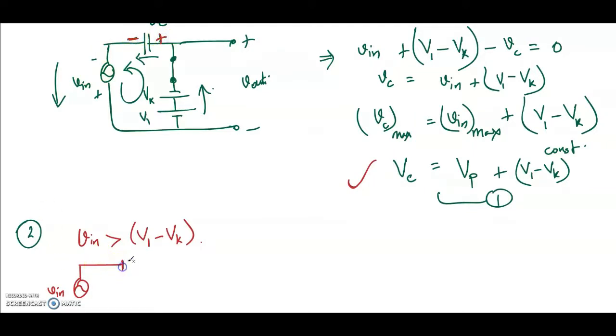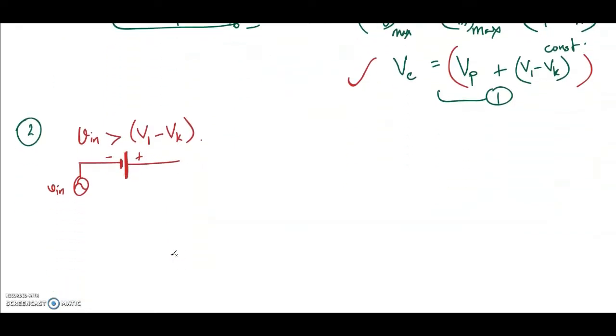So let me mark it as a constant voltage, because Vp plus V1 minus Vk is a constant voltage. I will mark the polarity as we found in the previous case, minus here and plus here. Since it is constant, I have marked it as a DC source, minus here, plus here, and the DC source value is equal to Vp plus V1 minus Vk.